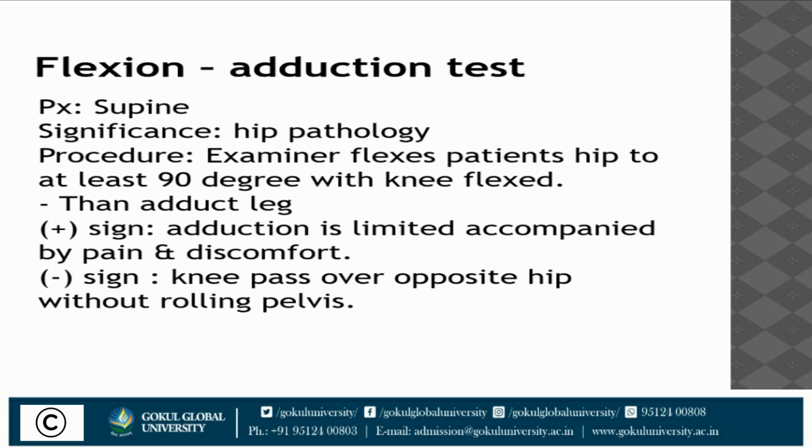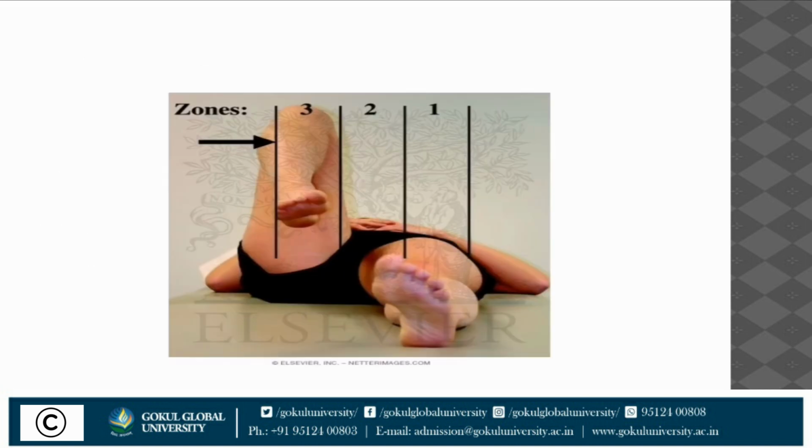Now we will see the procedure. Procedure is the examiner flexes the patient's hip to at least 90 degrees with knee flexed, as we can see in the figure. Then adduct the leg. When adduction of the leg is done, we have to see in how much range the leg is adducted.